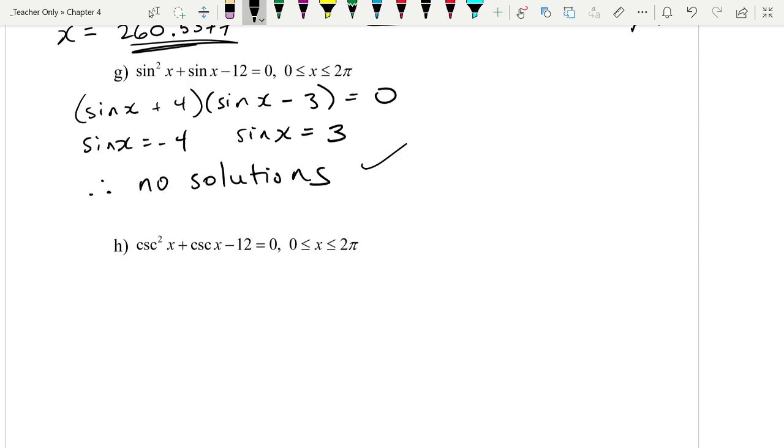remember that sine of any angle has to be between 1 and negative 1.